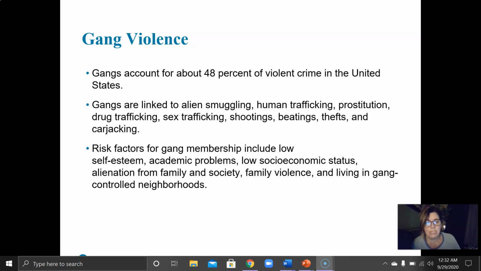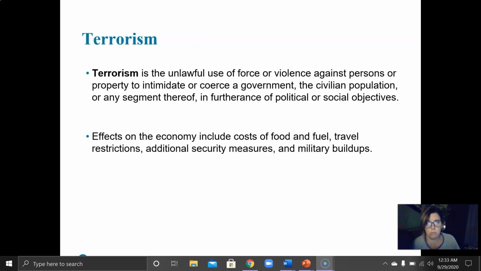And risk factors include friendship with delinquent peers, lack of parental monitoring, negative life events, alcohol and drug use, low self-esteem, academic problems, low socioeconomic status, alienation from family and society, a history of family violence, and living in gang-controlled neighborhoods.